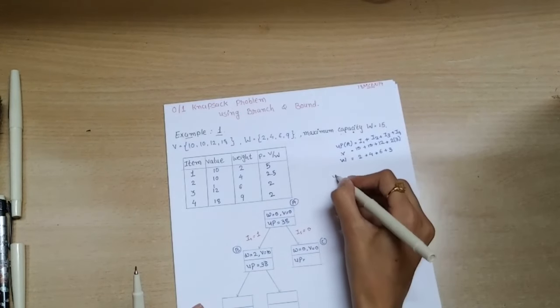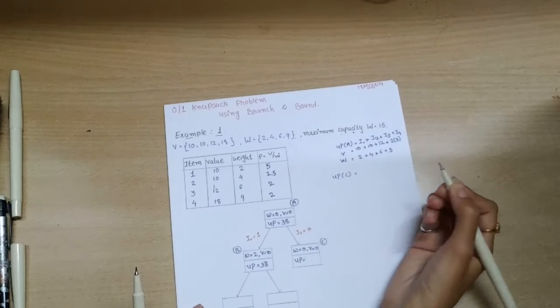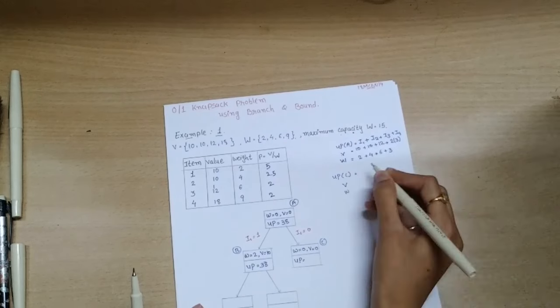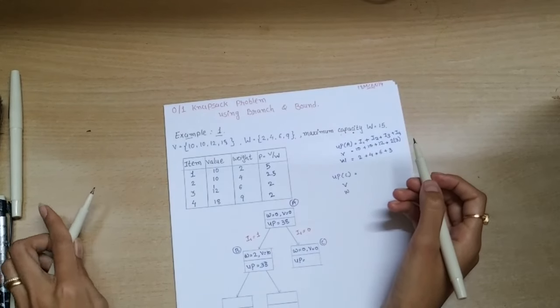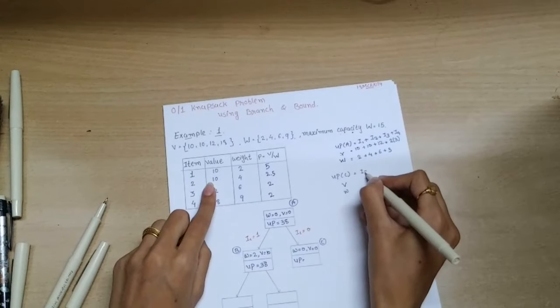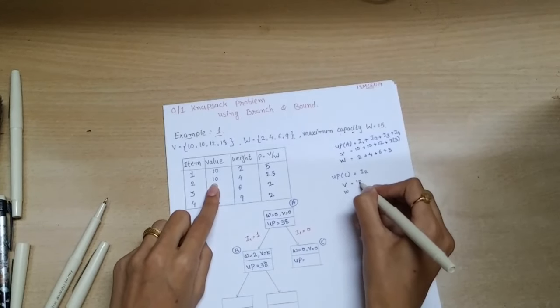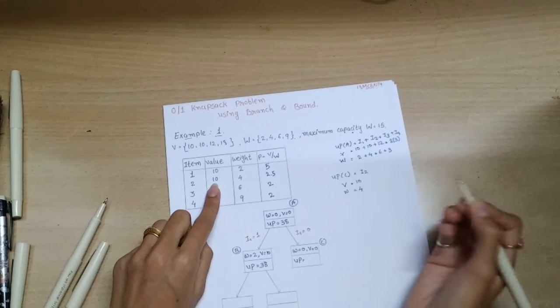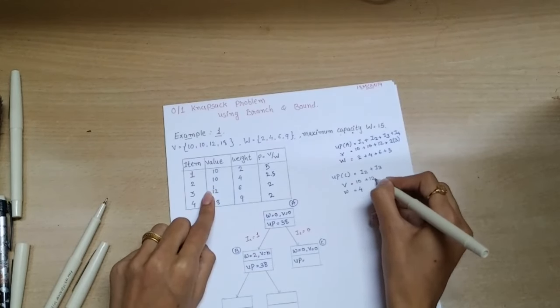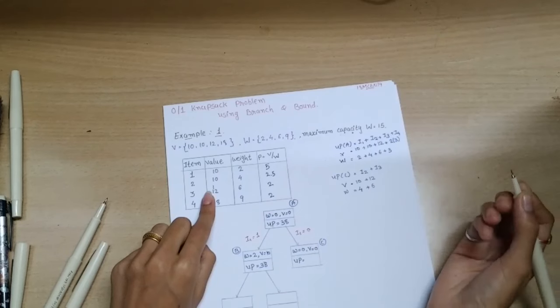So the upper bound for C: here we have to consider value and weight. We don't have to consider item 1, so we will start with item 2 having value 10 and weight 4. Then item 3 having value 12 and weight 6.